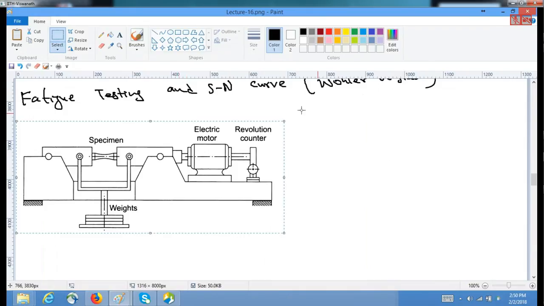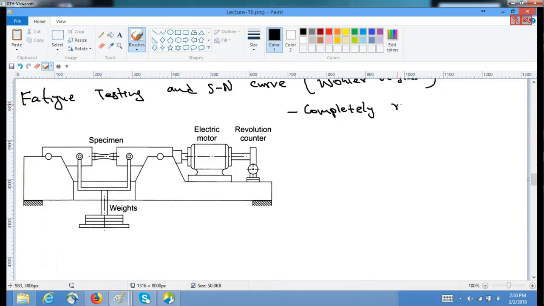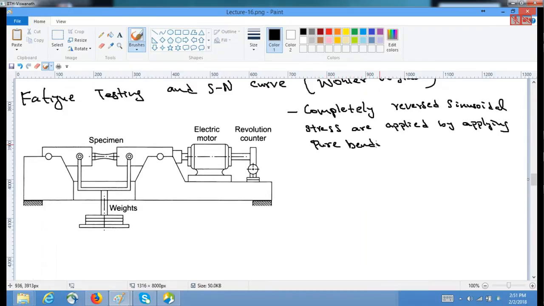Completely reversed sinusoidal stresses are applied by applying load.